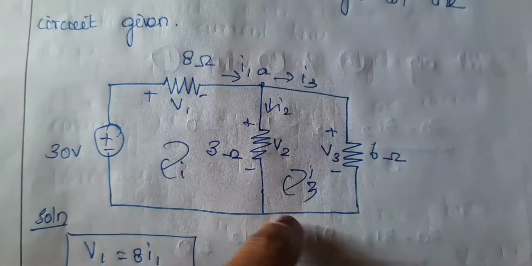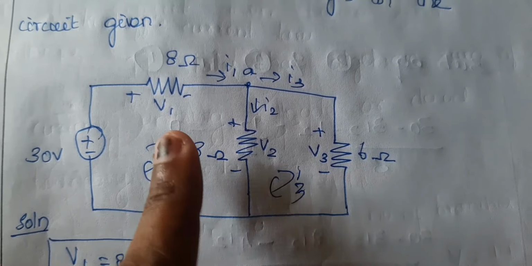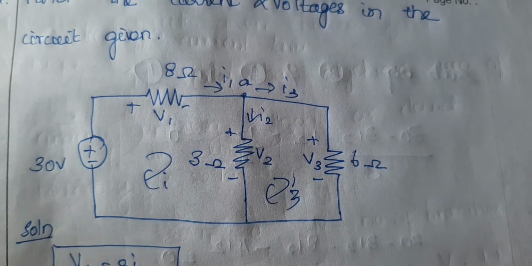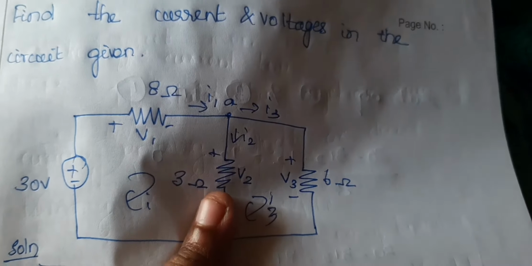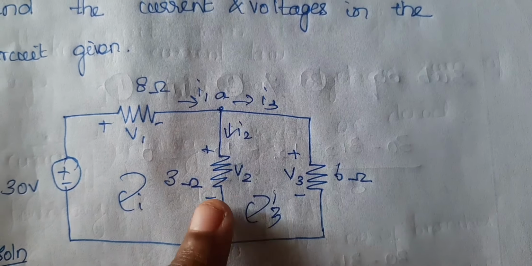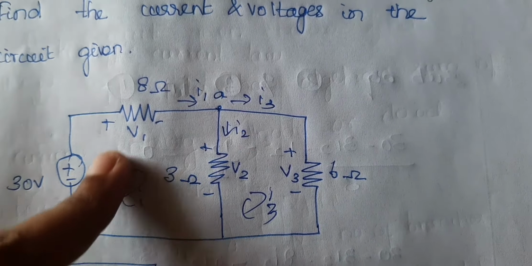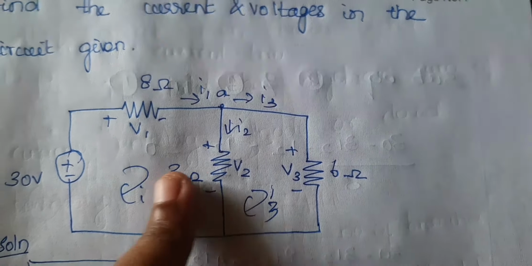And in the next loop, that is loop 2, you want to apply KVL. We know KVL is sum of the voltage rises equals sum of the voltage drops. If you take V2, here the V2 voltage is a voltage rise; the voltage is rising in V2. V2 is common to both loops.